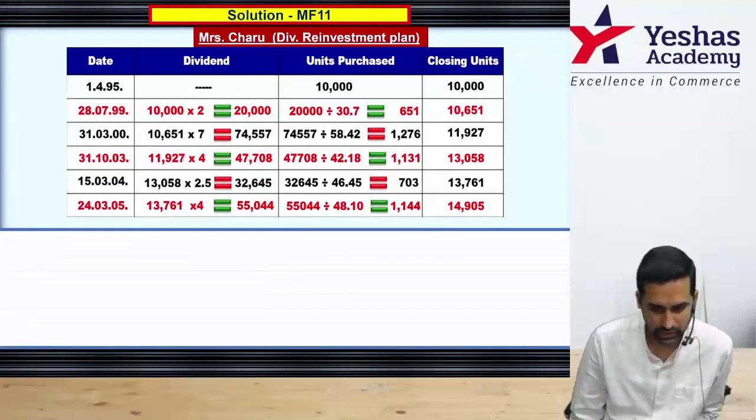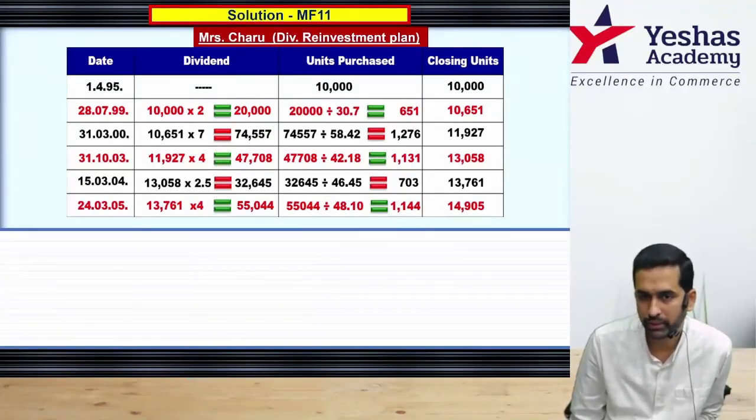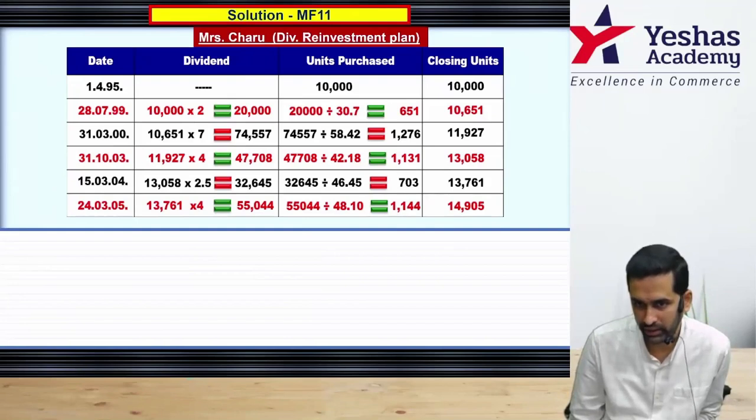As per the question, first dividend was on 28th July and you are holding 10,000 units, face value 10 rupee. So it will be 2 rupee dividend. That comes to 20,000 rupees. But they won't give you money. They will allot units that day.